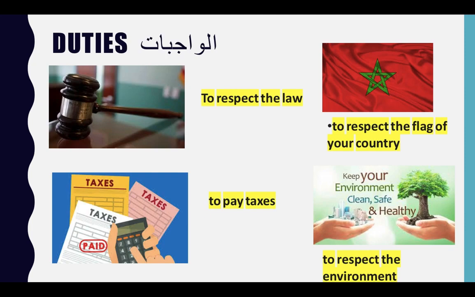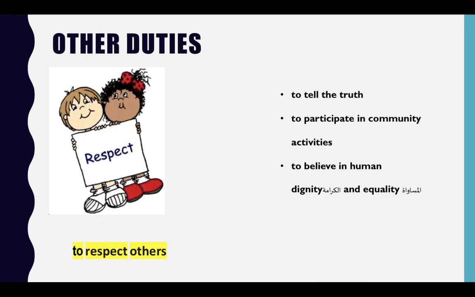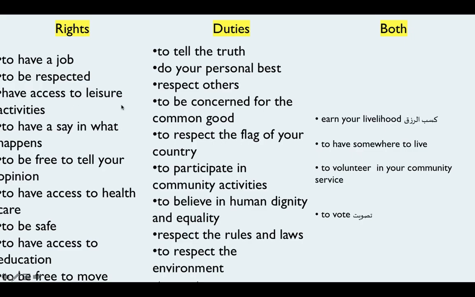Duties or responsibilities: we have to respect the law, respect the flag of your country, pay taxes, respect the environment, respect others, tell the truth, participate in community activities, and believe in human dignity and equality.